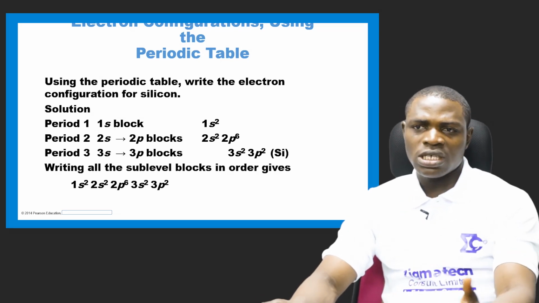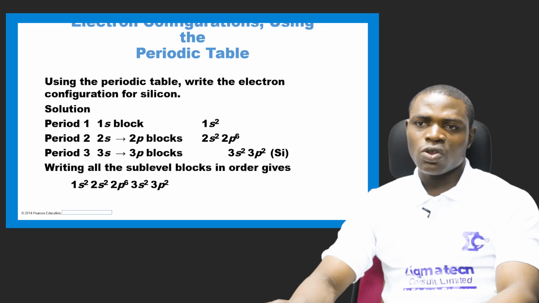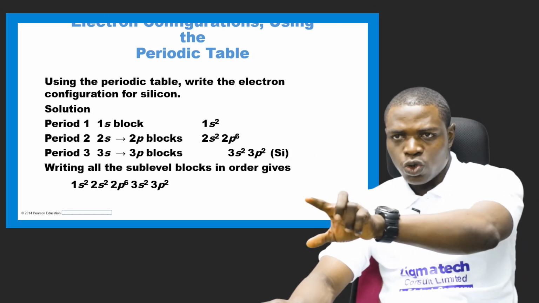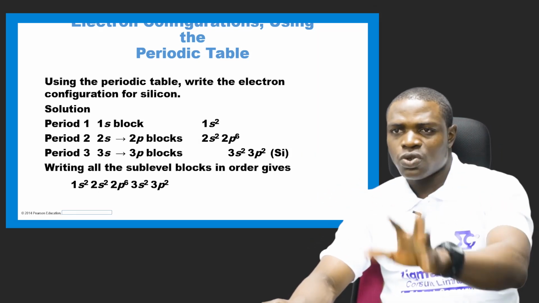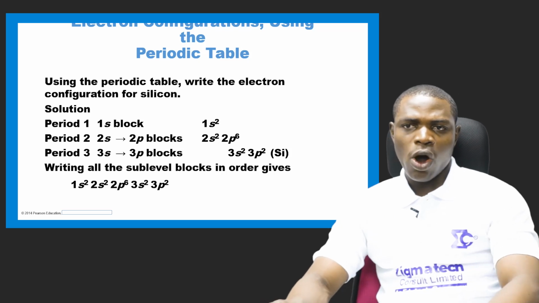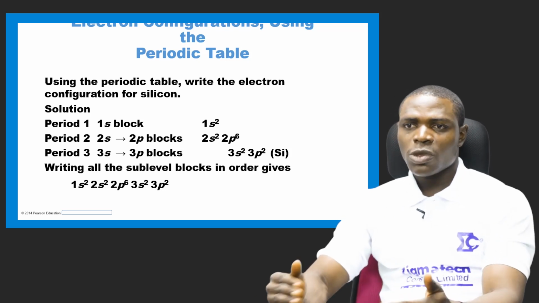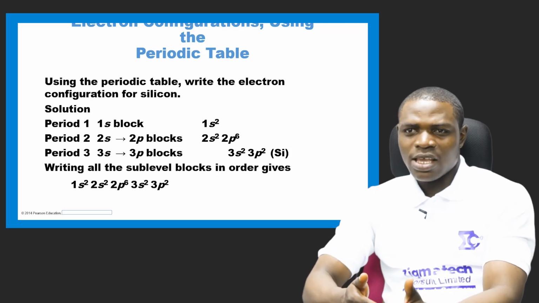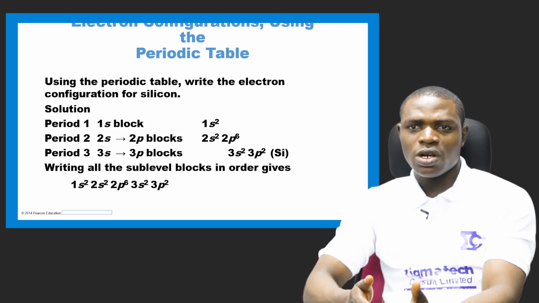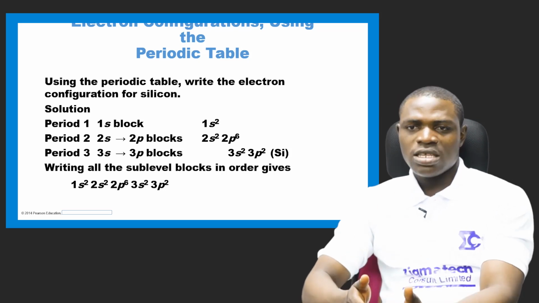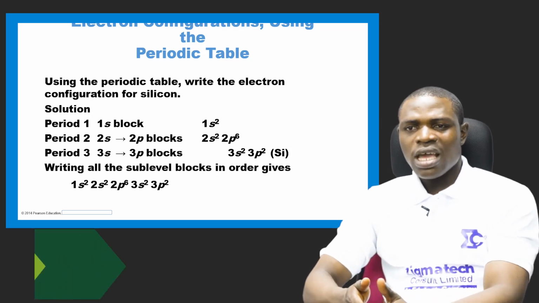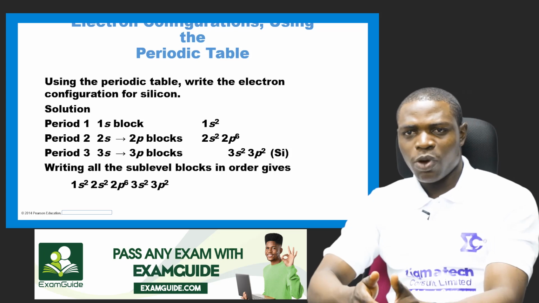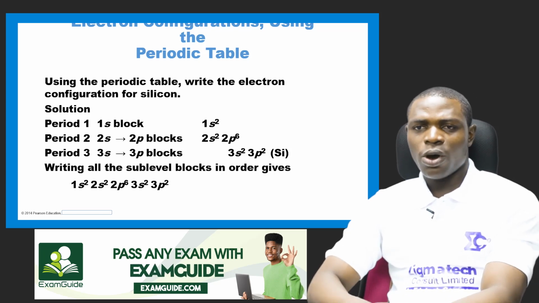So oxygen has atomic number 8. So in period 2, we can fit in 2s2, 2p6 for oxygen. Don't forget, before the end of this video, I'm going to personally construct for you the electronic configuration of at least the first 20 to 30 elements in the periodic table. So it's important that you follow to the end of this video.